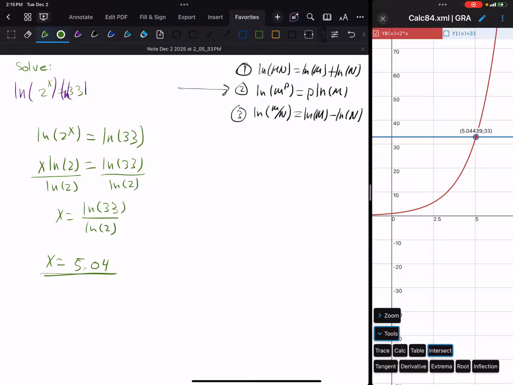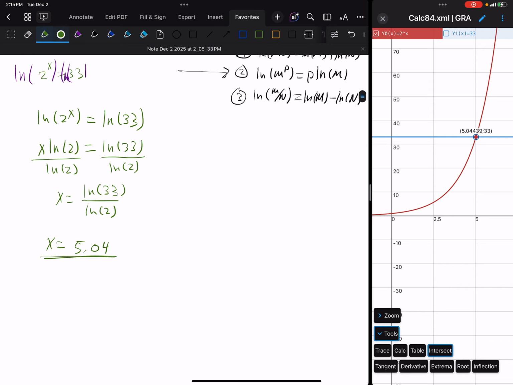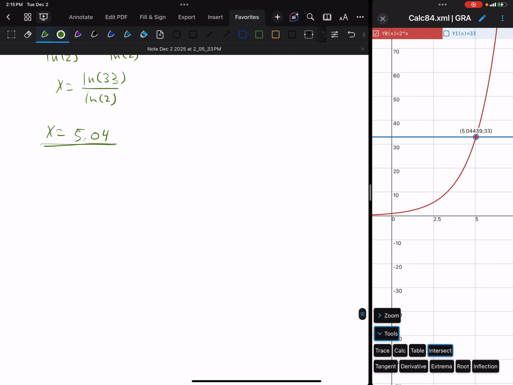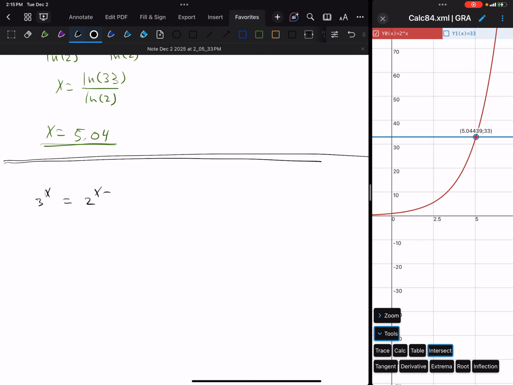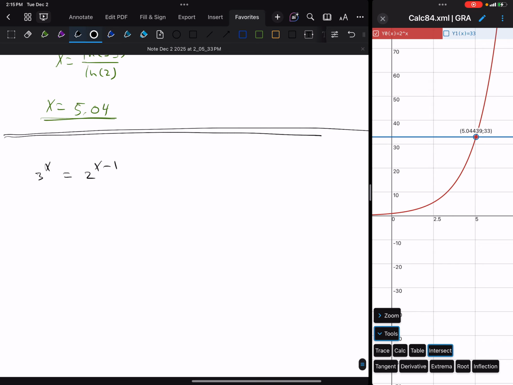What would I do if I had something like 3 to the x equals 2 to the x minus 1? How would I solve that?